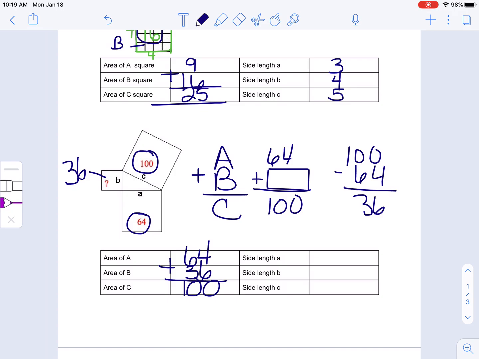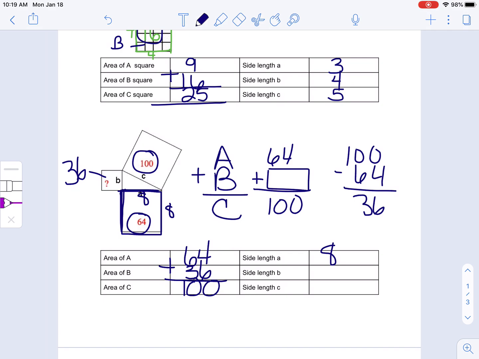Now to find the side lengths, if we know the area of this square is 64 square units, what number squared is 64? Well, if you take the square root of 64, you're going to get 8, because 8 times 8 is 64. This would be an 8 by 8 square.